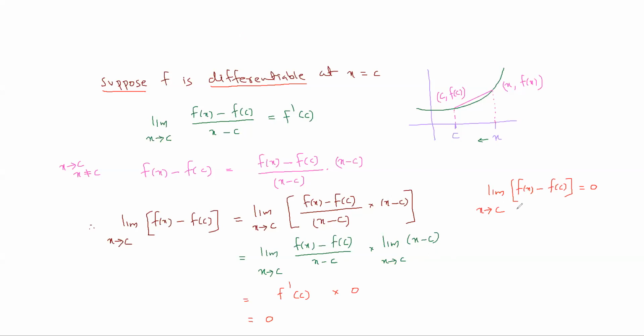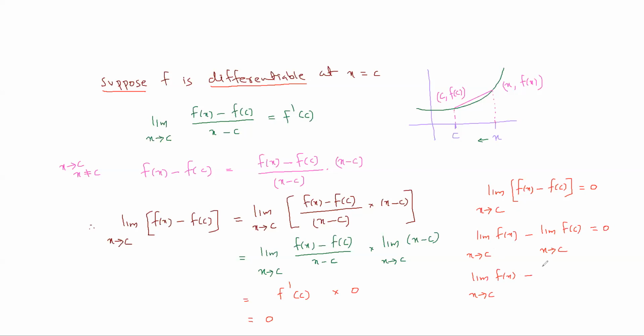Now, the limit of a difference is the difference of the limits. So you can write this as the limit of f of x as x approaches c minus the limit of f of c as x approaches c is equal to 0. That means the limit of f of x as x approaches c minus f of c, which is a constant, the value of the function at the point c.